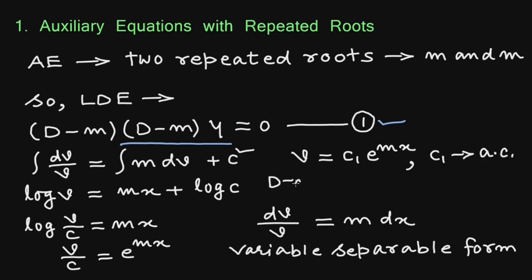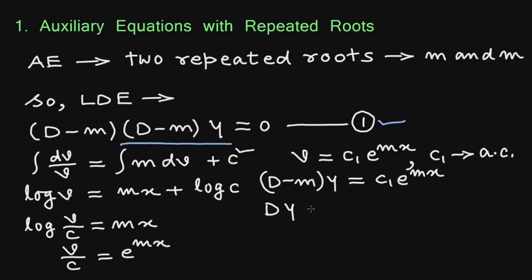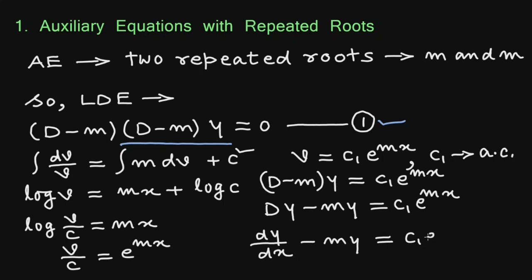So (D minus m) y, which is v, equals c1 e raised to mx, that is dy by dx minus my equals c1 e raised to mx. But this is a linear differential equation of the type dy by dx plus py equals q, where p and q are functions of x.